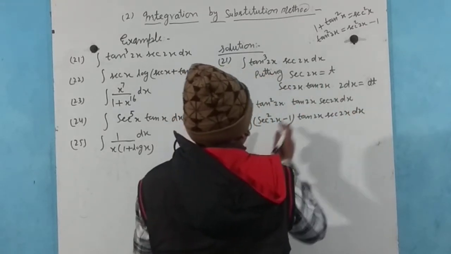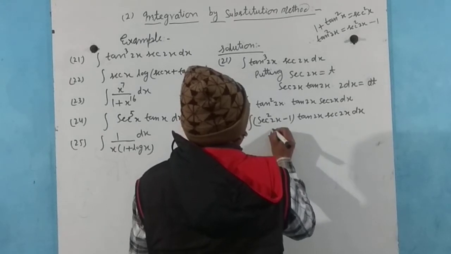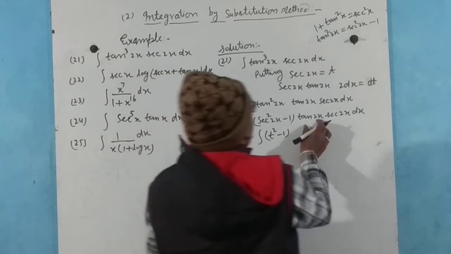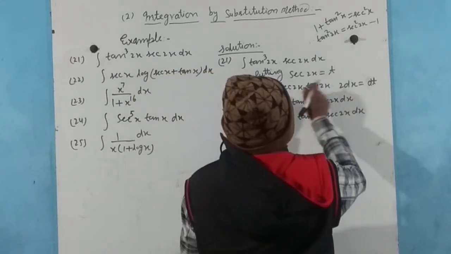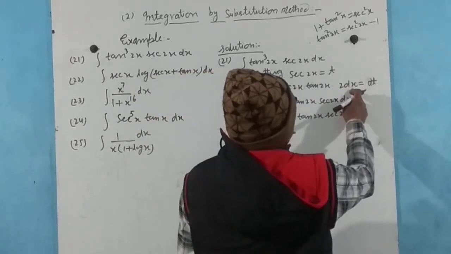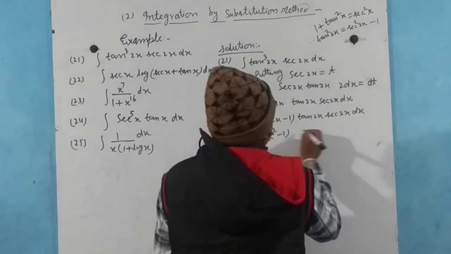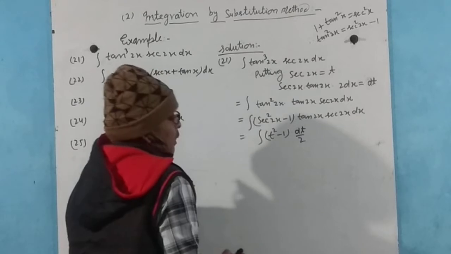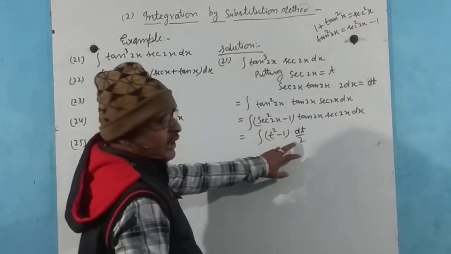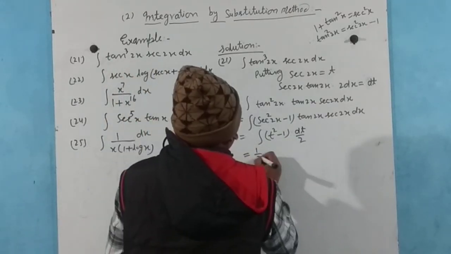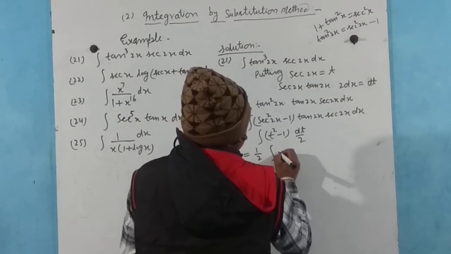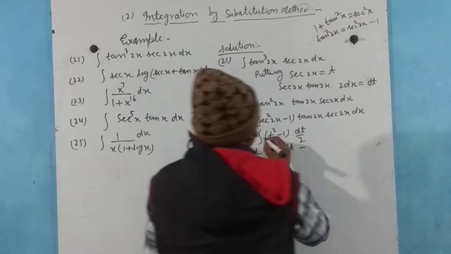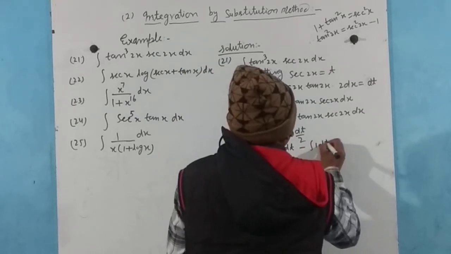Sec 2x is equal to t, so that this is equal to integration of t square minus 1, and tan 2x sec 2x dx equal to dt by 2, so that here dt by 2. Now 1 by 2 is a constant, comes here: 1 by 2 integration of t square dt minus integration of 1 dt.